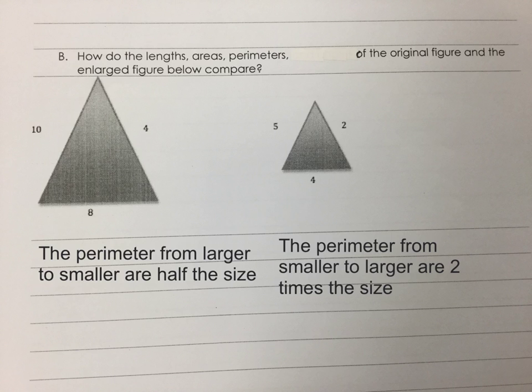All right, so if you go through and calculate the perimeters of each of these, you're going to figure out that this one has a perimeter of 22, and this one has a perimeter of 11.